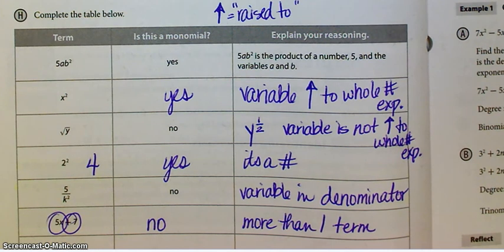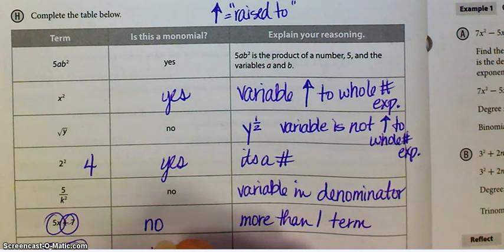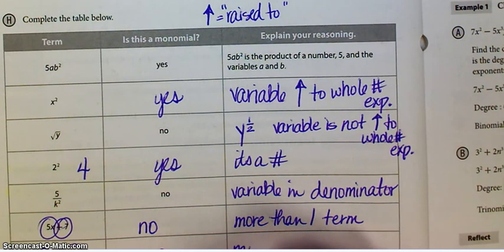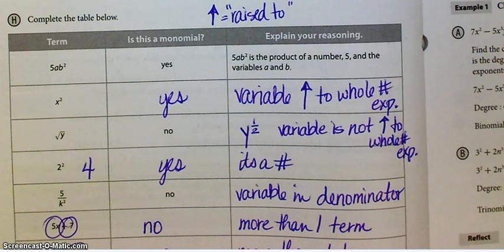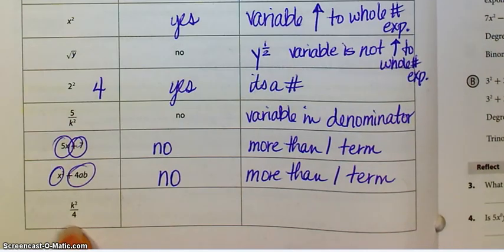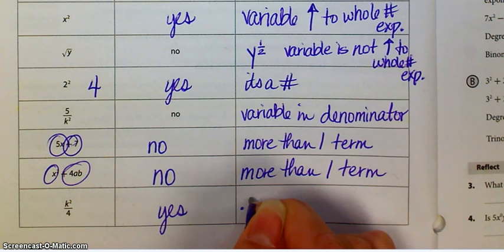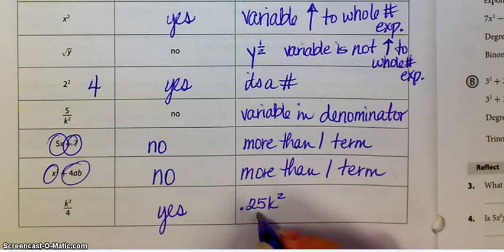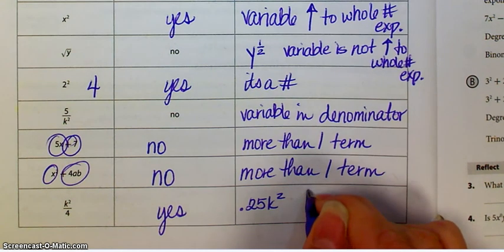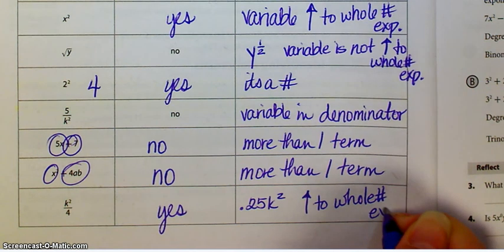Okay, so you don't have a single term, so it's not a monomial. Again, here you have 2 terms, x squared and 4ab. It's not a monomial because you have more than one term. K squared divided by 4. Is it a monomial? Yes. It's the same as saying 0.25 k squared. Okay? You have numbers and variables raised to a whole number exponent.